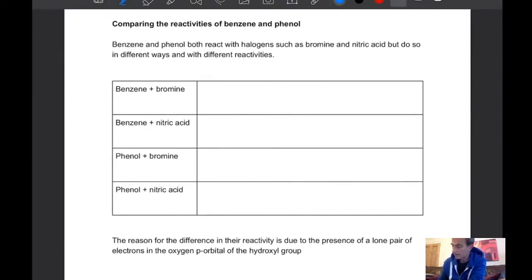This table is just a way of summarizing all the reactions. It's another chance to write it all down, which I like my students to do a lot. The more you get this written down, the more likely you are to remember it. That's my theory anyway, and it seems to work.